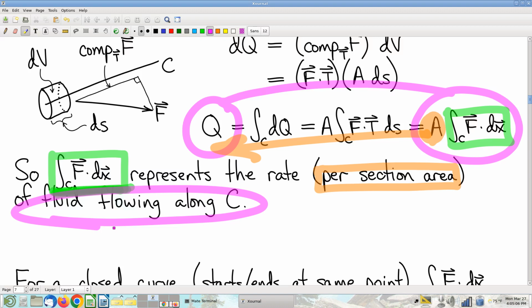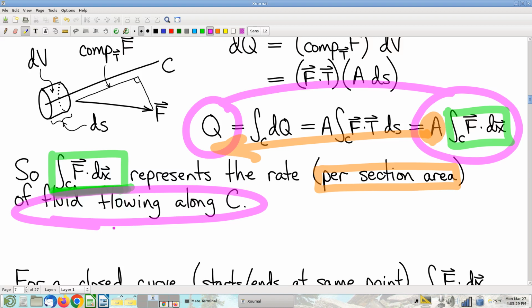So that's just the answer to the question, as it turns out: this is what a line integral represents in a fluid context. And it's not a familiar concept, right? This combined extent that a fluid's flowing along a curve, kind of a weird thing, a new idea, but it's a new idea that is what a vector line integral is.